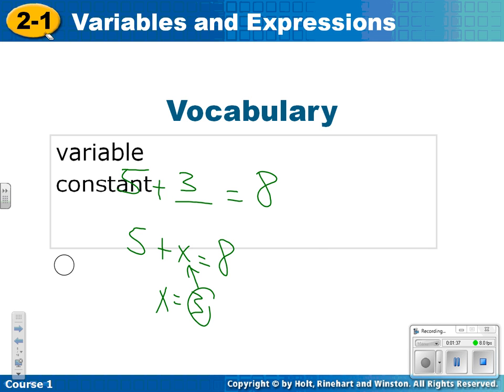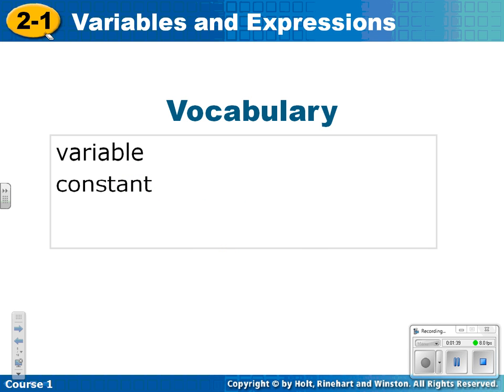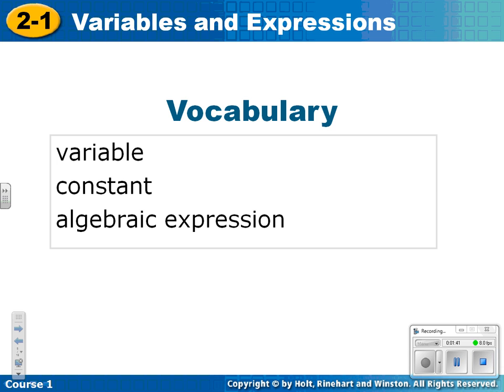Today we're going to talk about things called variables and constants and algebraic expressions. If you watched the weather in the morning and you saw that it was going to be partly cloudy with variable winds, what do you think variable means?